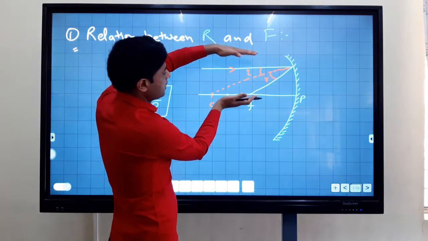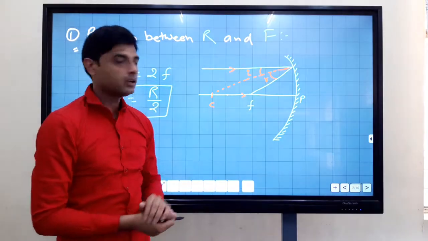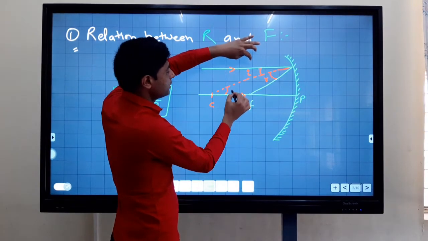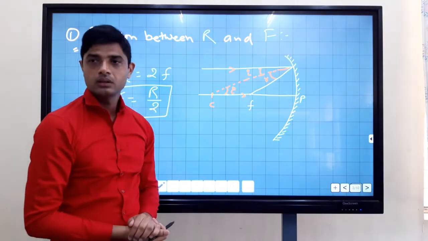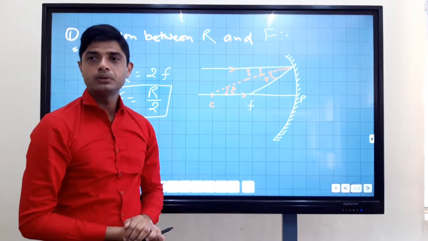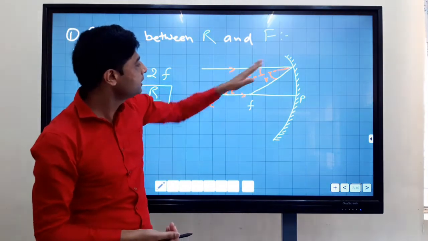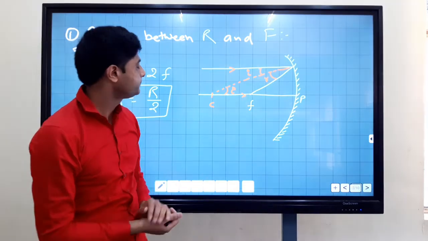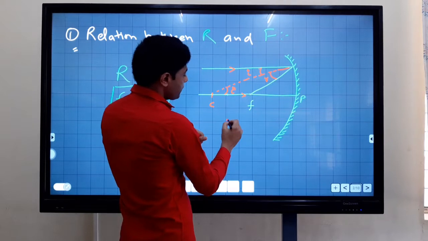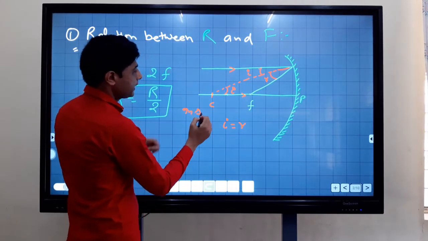So these are two parallel lines and this line intersects these two lines. So this angle is equal to this. It is the alternate angle between two parallel lines intersected by another line. So it means angle I equal to angle R.